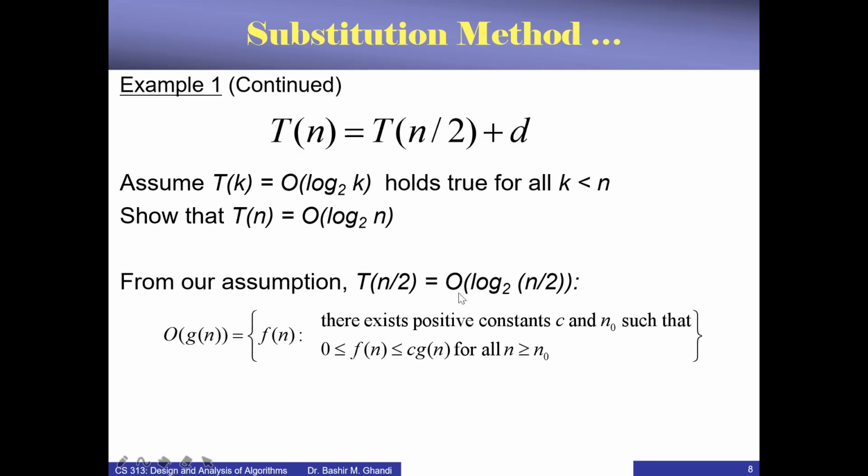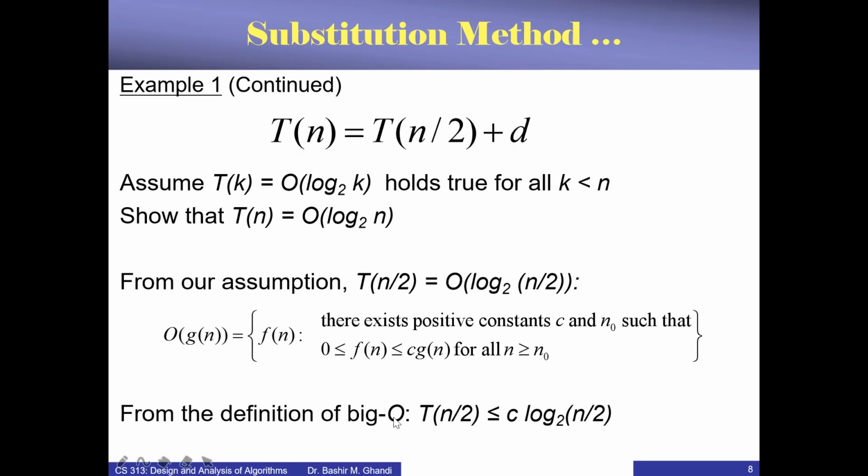And therefore, instead of leaving this right hand side as big O, we can replace it in this form, less than or equal to C·g(n), where g(n) is log of n/2 to base 2. So from the definition of big O, we can say that T(n/2) is less than or equal to C times g(n), which is log of n/2 to base 2.